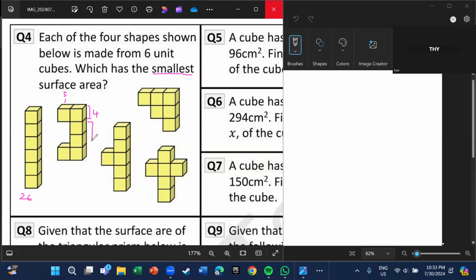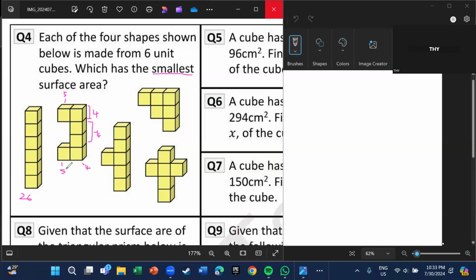These two are the same, both sides are covered, so this would be 4 as well. Same goes for this part here, because it's similar to the one on top, 4. And then this would be 5.